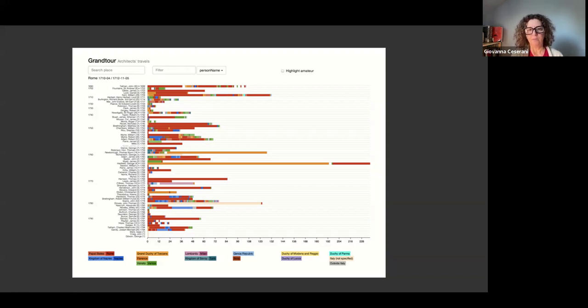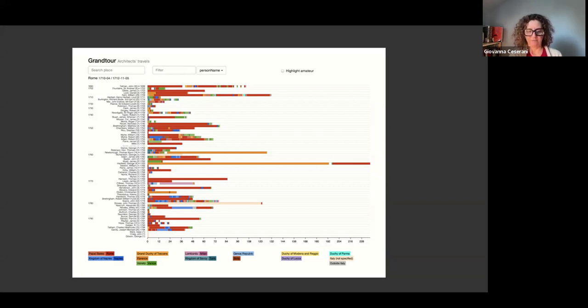But the blue that dominates more and more in the course of the century really reflects the Greek revival, with more visits to Naples and the south, all the way to Sicily, to really get to know original monuments of Greek architecture.